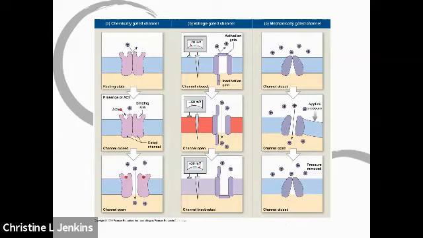Then we have voltage gated channels, which simply means that a protein channel will open or close based off of the voltage. So as ions flow in and out, if the charge reaches a certain voltage, boom, the channel will open. Usually it's based off the charge.